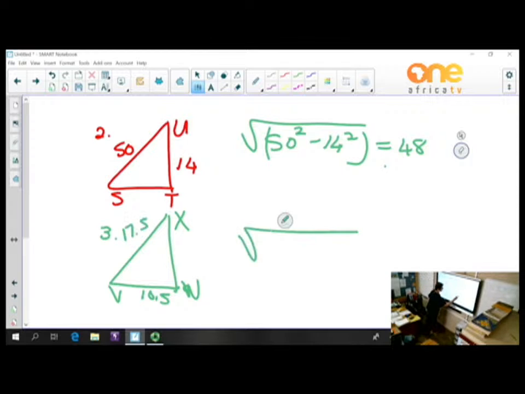So it is again a subtraction sum, 17.5 squared minus 10.5 squared. And we use our calculator, so it's the square root of brackets 17.5 squared minus 10.5 squared, close, is equal to 14. So this is equal to 14.